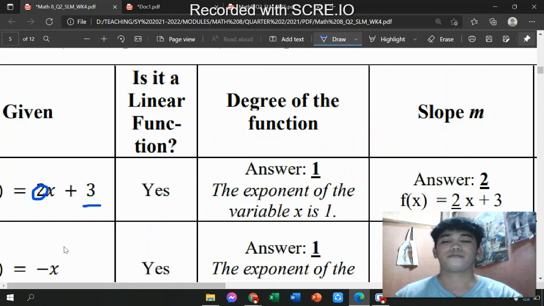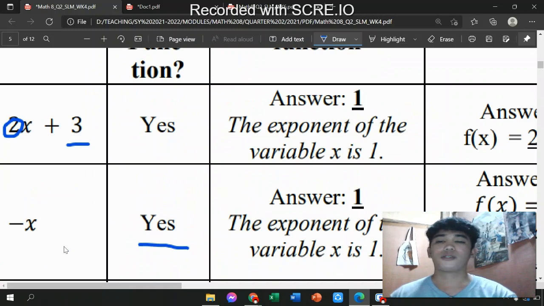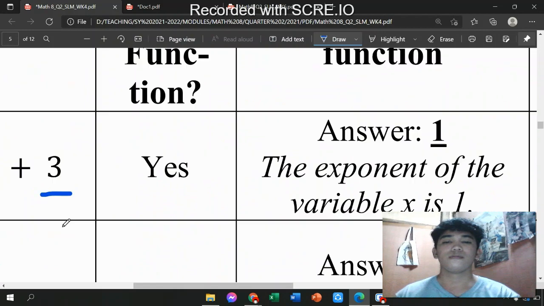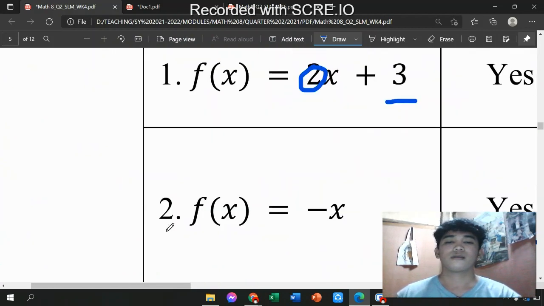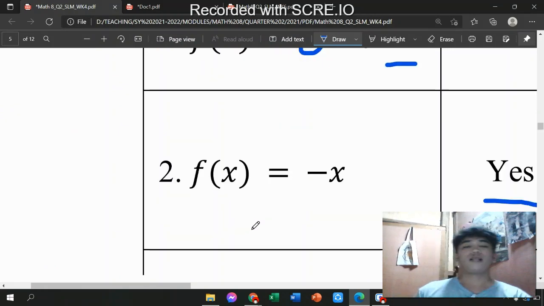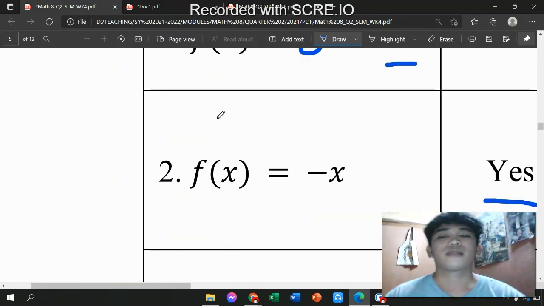This is our given equation. F of x equals negative x.